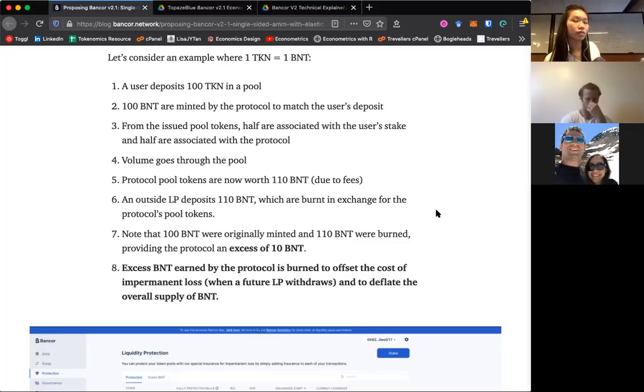So if you decide to unstake and unprotect your position, and I'm not getting into the different scenarios for a second, let's say there are no available pool tokens other than what you're holding, your liquidation amount will be the TKN value plus the BNT side of the pool token worth, plus any needed BNT in order to cover any impermanent loss that you encounter.